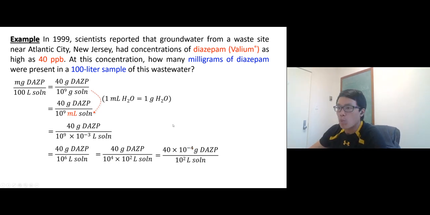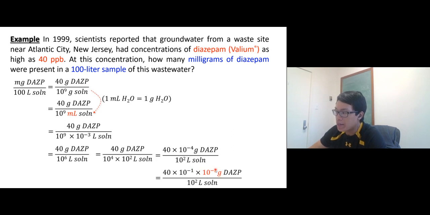One more. At the bottom, I have 100-liter solution already, so just leave it like that. Don't touch it again. At the top, I have grams. I have to convert that gram to milligrams. How do I do that? I'm going to split 10 to the negative 4th into 10 to the negative 1st times 10 to the negative 3rd grams.